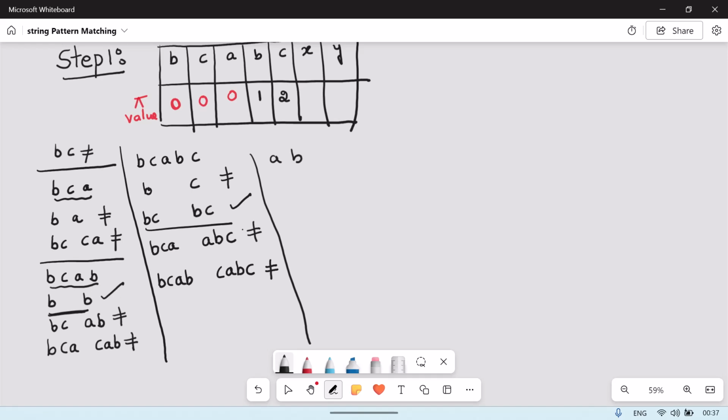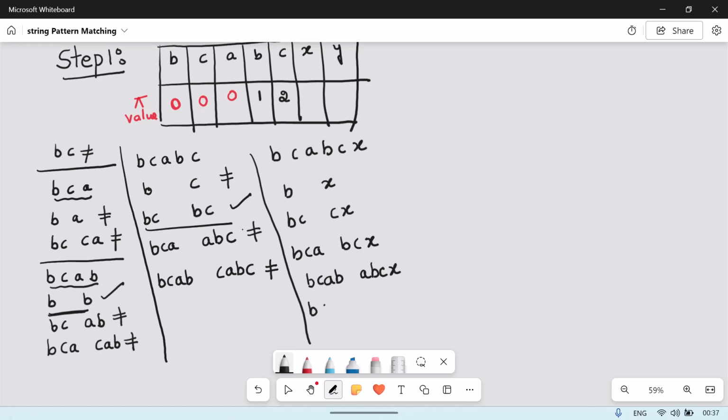Similarly, not ABC, sorry. BCA, BCX. So one is B and X, the other one is BC and CX, then BCA, BCX, then BCAB and ABCX.